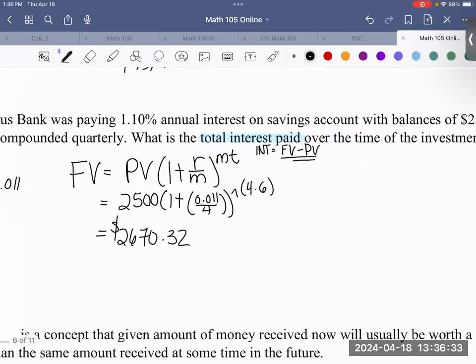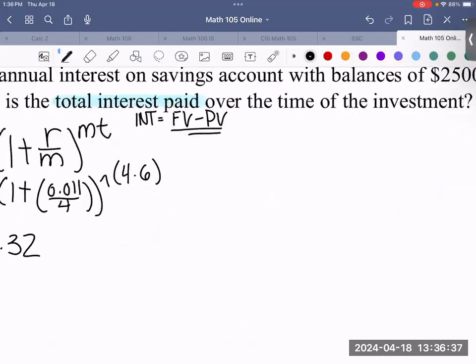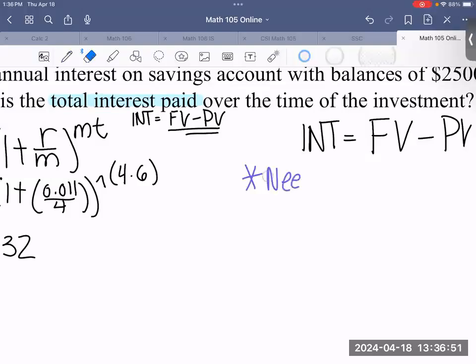Okay, now while this is your future value, we're not interested in your future. We need your interest, which we need to calculate as your future value minus your present value. Again, we can only do this formula for your compounding.